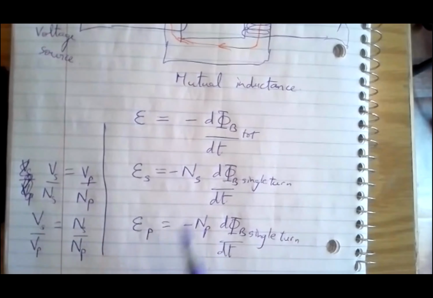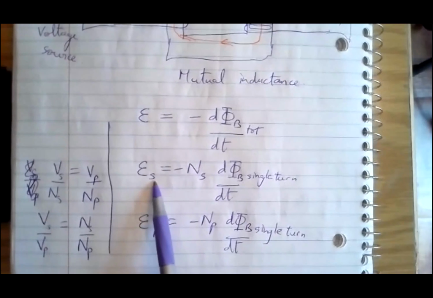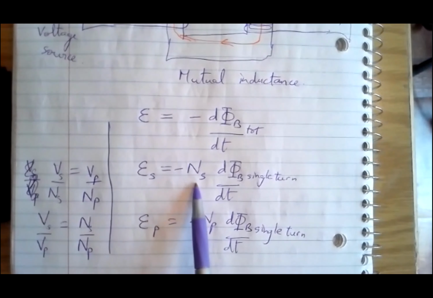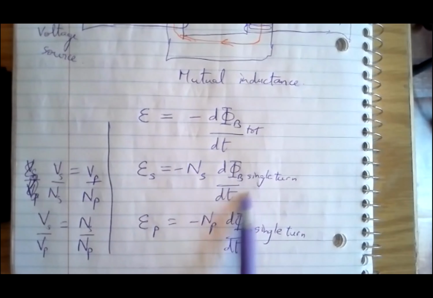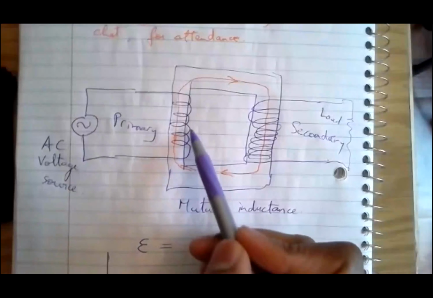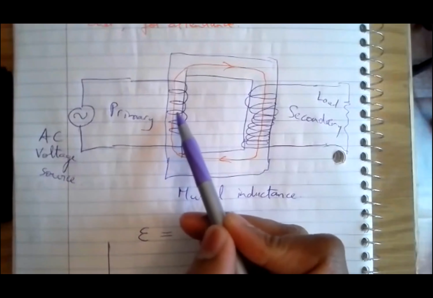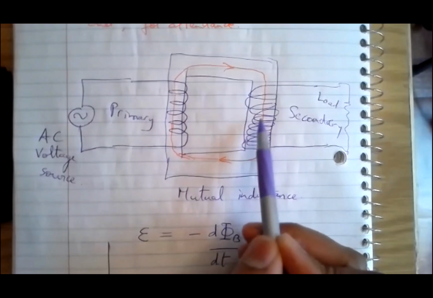So for the secondary coil, we can set up a relation: the secondary coil's voltage is equal to minus Ns times d phi dt, where this is for a single turn. And we can do the same for the primary. But the flux seen by a single turn on this side is the flux seen by a single turn on this side.